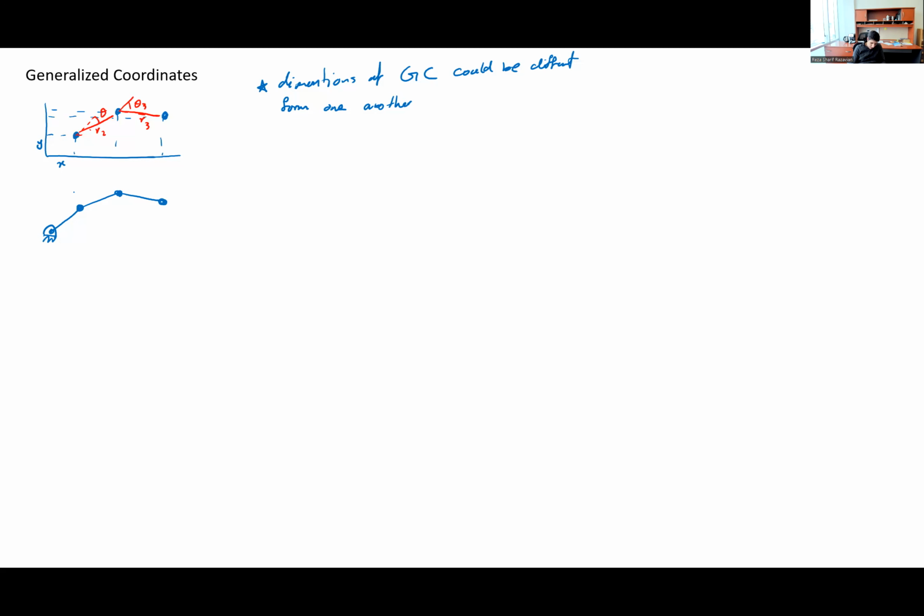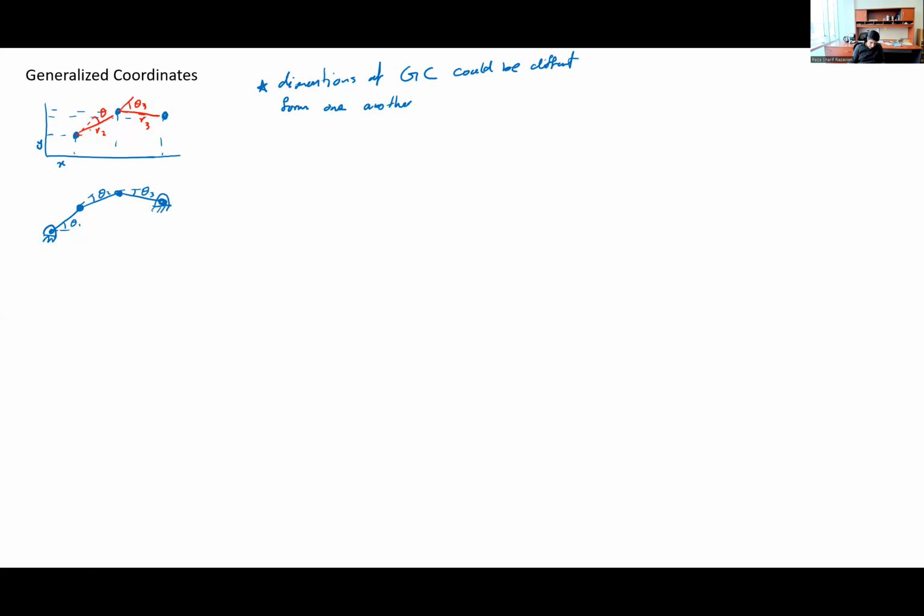So again, here I don't need to specify the distances r's because they are fixed. So the only generalized coordinates that I can have would be these three angles. And in this case, I need to specify these three, theta 1, theta 2, and theta 3 to fully describe the mechanism and its configuration.